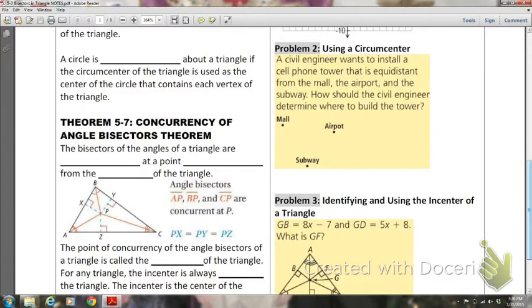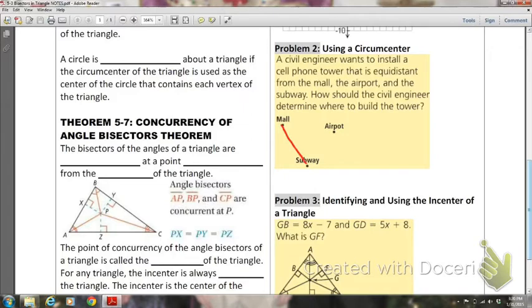So in problem 2, you're using a circumcenter to answer this question. A civil engineer wants to install a cell phone tower that is equidistant from the mall, the airport, and the subway. So how should the civil engineer determine where to build the tower? You just need to explain how a civil engineer would do this.